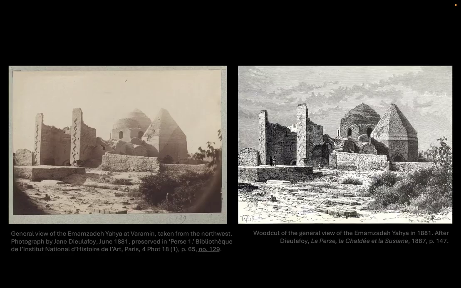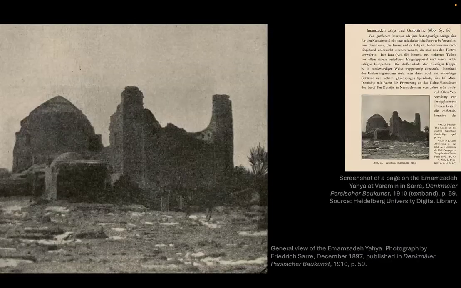Although the woodcut closely follows the original photograph, it introduces subtle modifications, most notably the additions of human figures to the scene. Such additions may have influenced perceptions of scale. This point is significant because, as we will see, the woodcut became a primary reference for an attempt to reconstruct the layout of the complex.